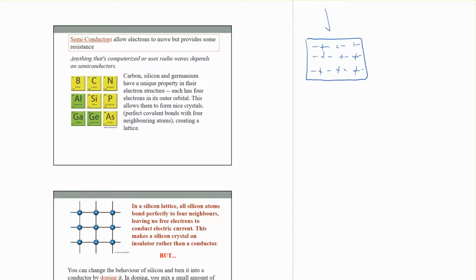If this thing is an insulator, then these electrons are stuck. They can't move. If they can move from here to there, that's electricity, but if they're stuck, then it doesn't conduct electricity. It's not allowing any of these electrons to move. So that's what an insulator would be.